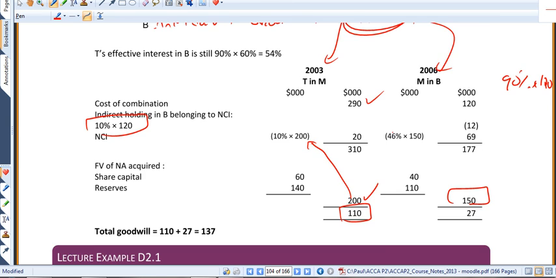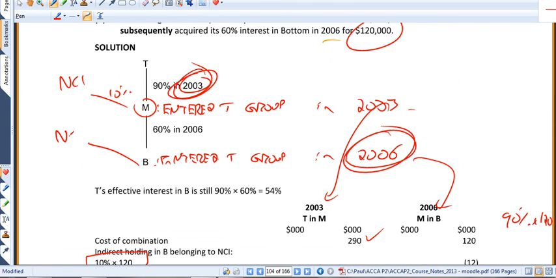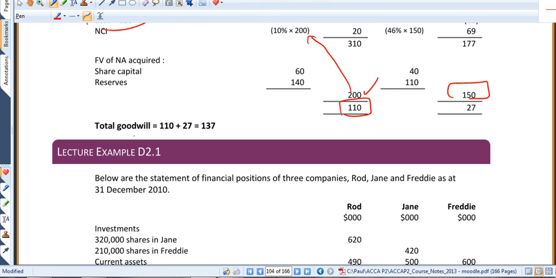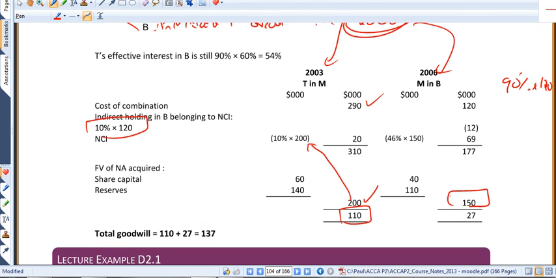Bearing in mind that the non-controlling interest for bottom is 46%, you'll recall the percentages are the same as they were on the previous page, then the NCI is 46% of 150. 46% of 150 is 69. So again, 27, giving me the figure which would appear in the group statement of financial position, 137.